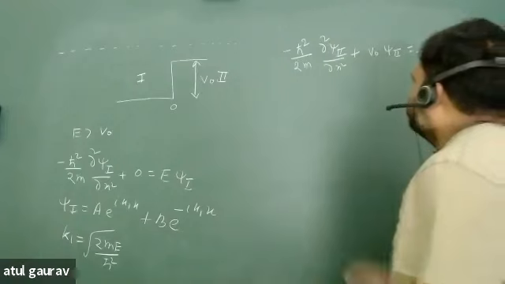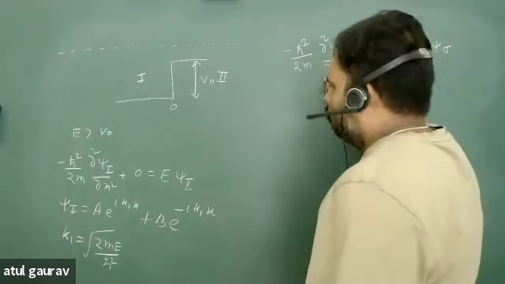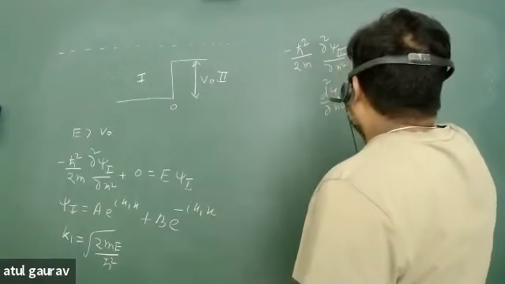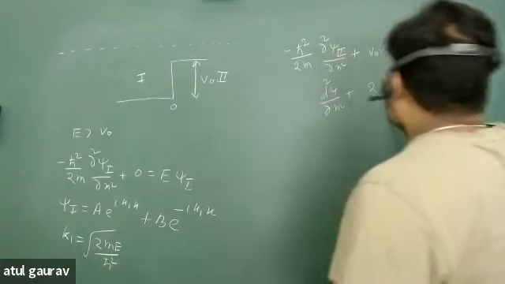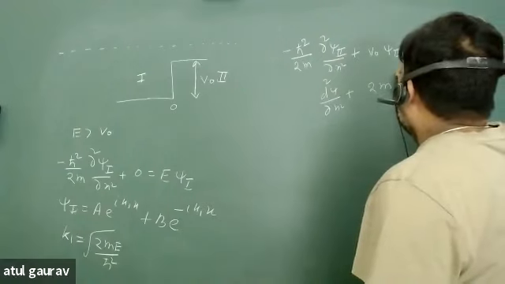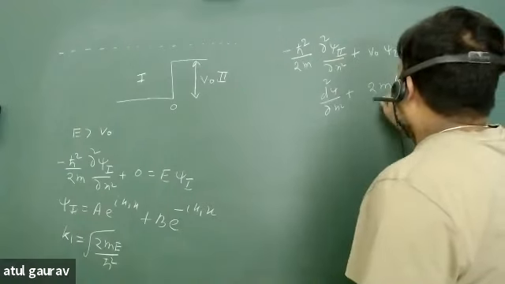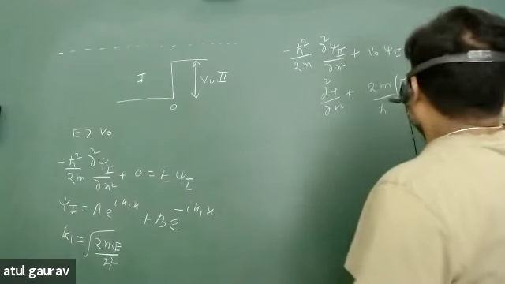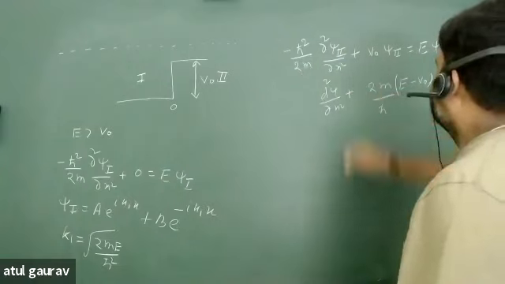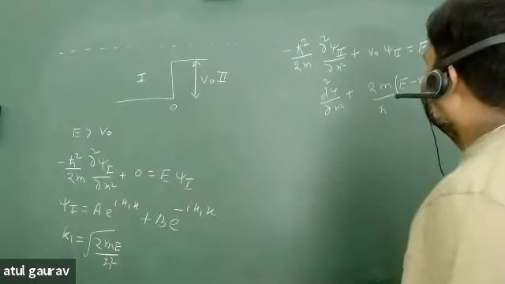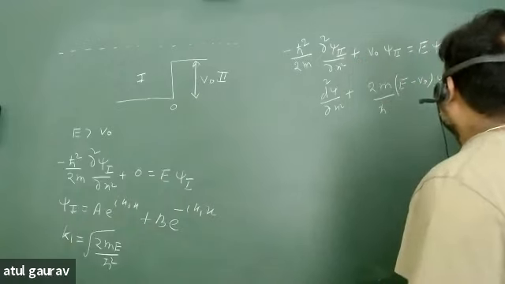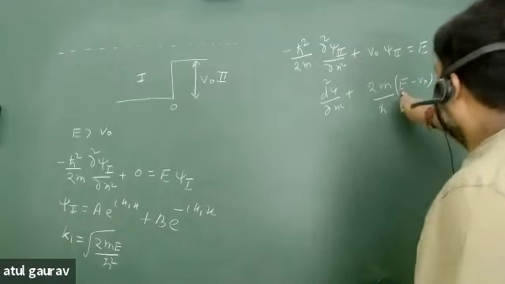You can write d square psi 2 upon dx square plus 2m upon h cut square, this will be E minus V naught, psi 2 is equal to 0. I am taking this term to this side, so minus minus plus, isn't it? E is greater than V naught.